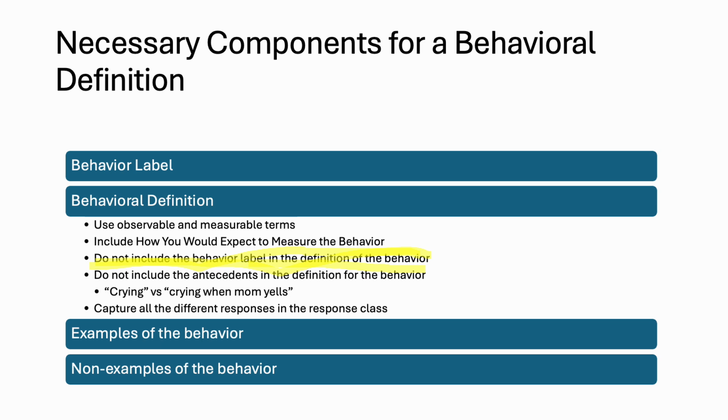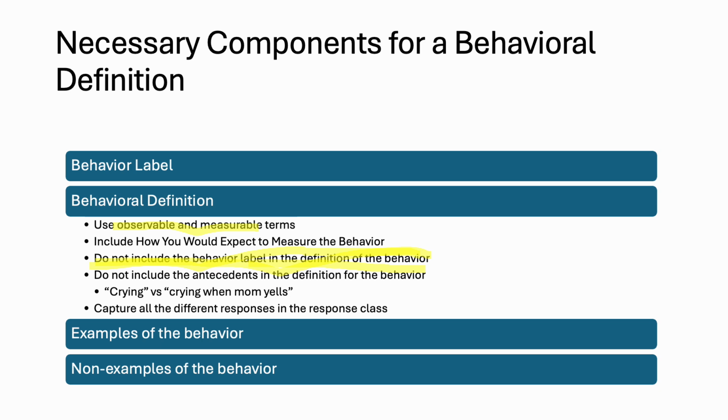You're just trying to define the behavior of eating, and they say each instance in which Jimmy eats something, and that's not, you did not define the behavior with observable and measurable terms. You just used the behavior label in the definition itself. So please do not include the label of the behavior in your definition. You should be clearly defining what eating means.